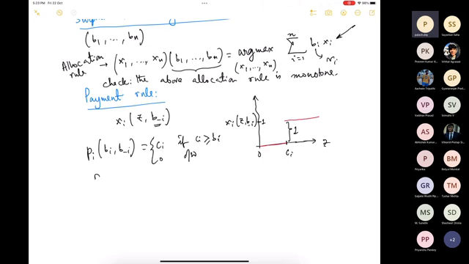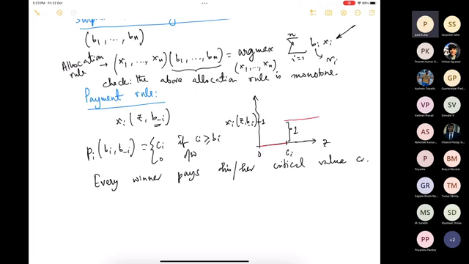Because recall in Myerson's lemma, we add these jumps only till its bid value Bi. So every winner pays his or her critical value, Ci.